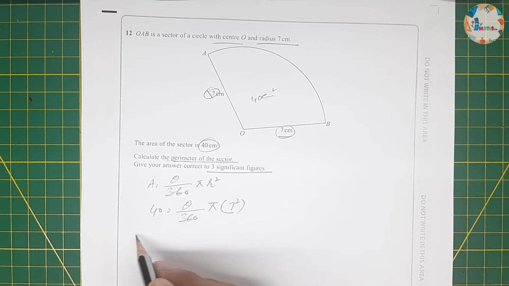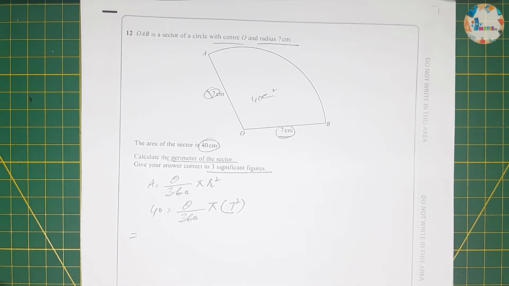So this implies, we can move the page a little above.